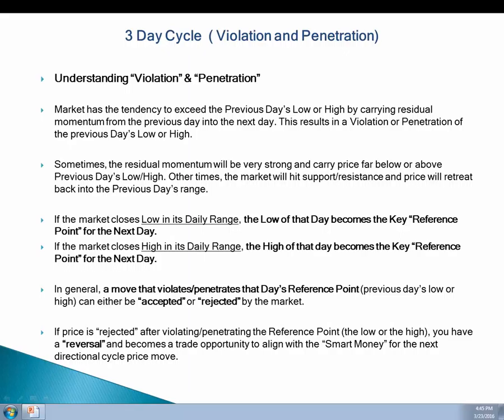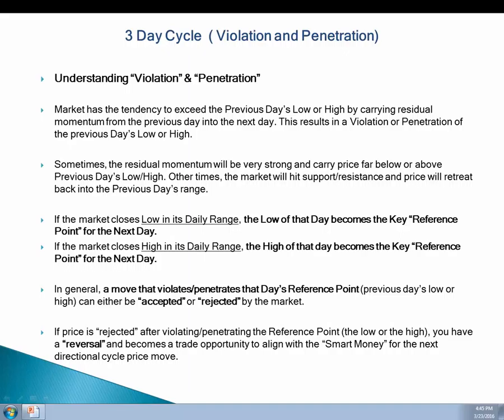Then within that, there's an upper 25% quartile and a lower 25% quartile. So that splits the entire day, if you can visualize it in your mind, into fourths or quartiles.